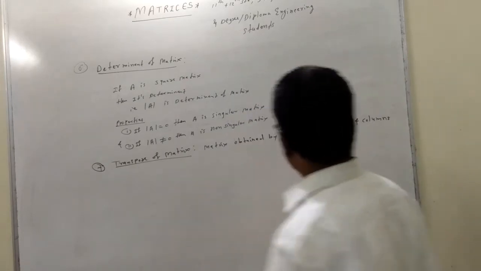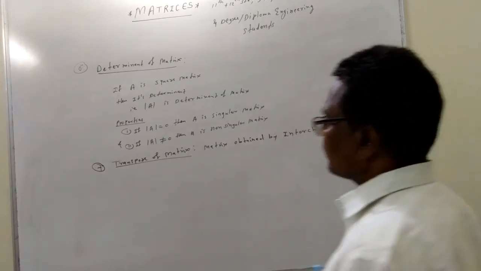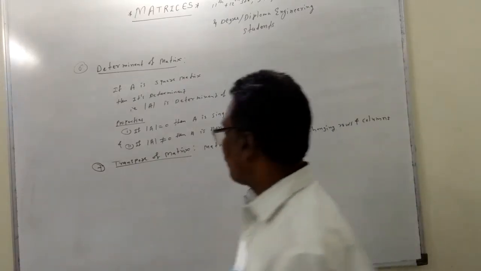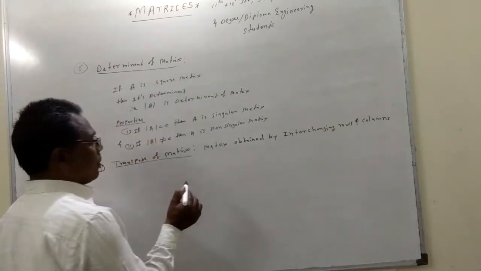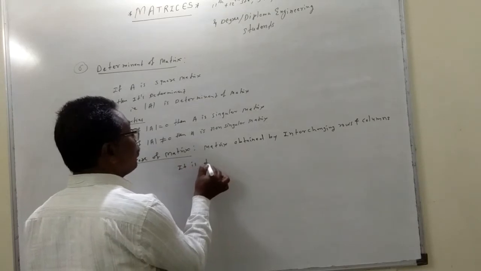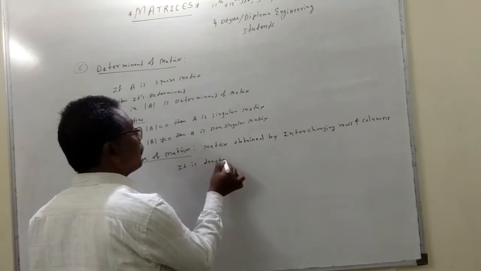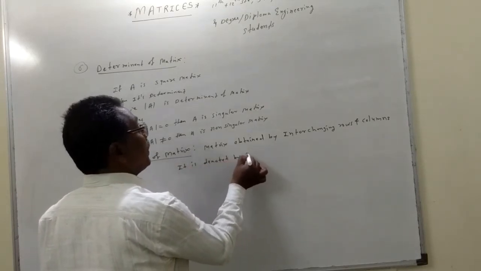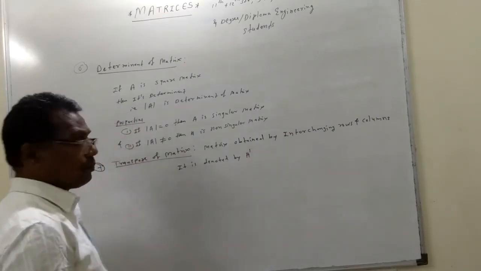So if we interchange rows and columns of the matrix, then the matrix obtained is called the transpose of that matrix, and it is denoted by A transpose.